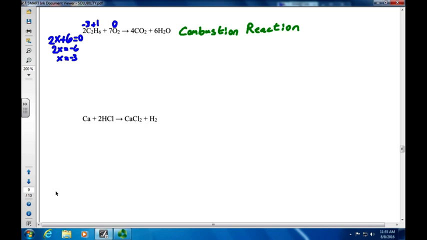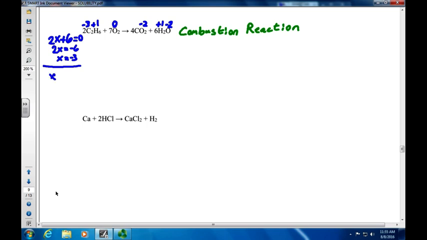Over on the other side, we know that hydrogen in the water is going to have a +1, and we know that the oxygen in the water is going to have a -2. We know that the oxygen in the carbon dioxide is going to have a -2, and there are 2 of them. So back over here, we can do another little calculation.